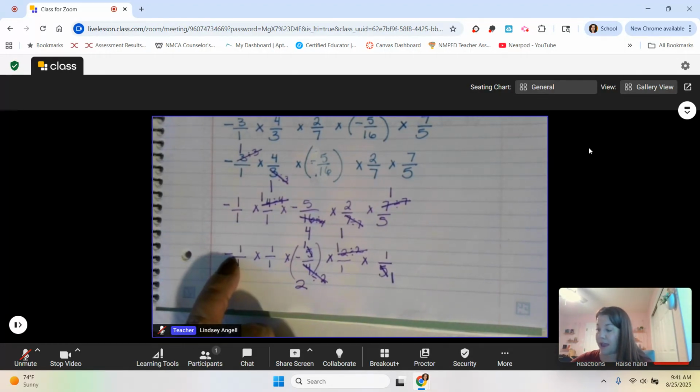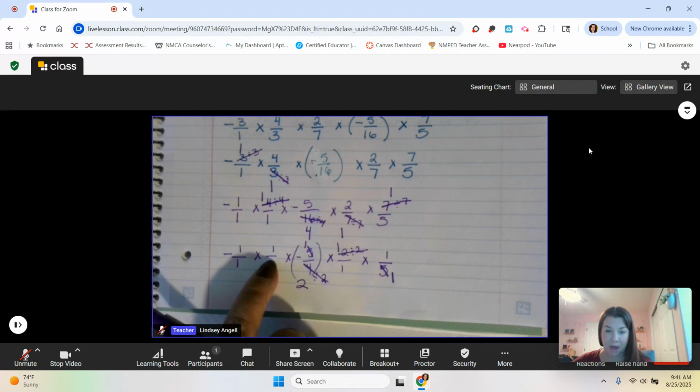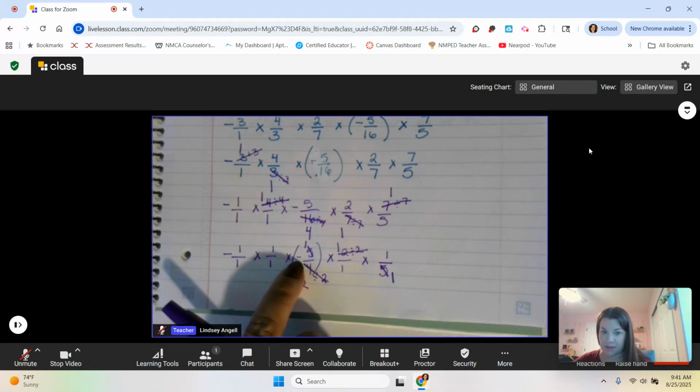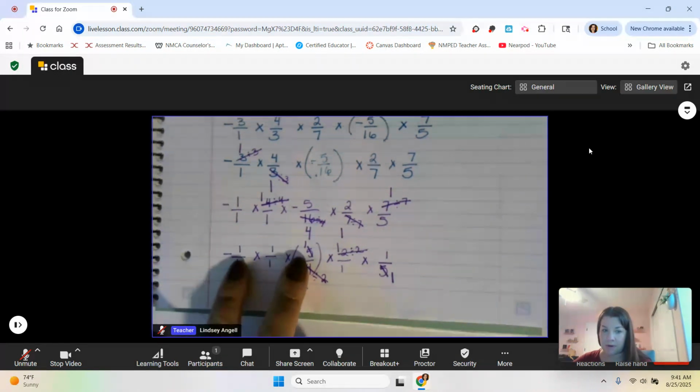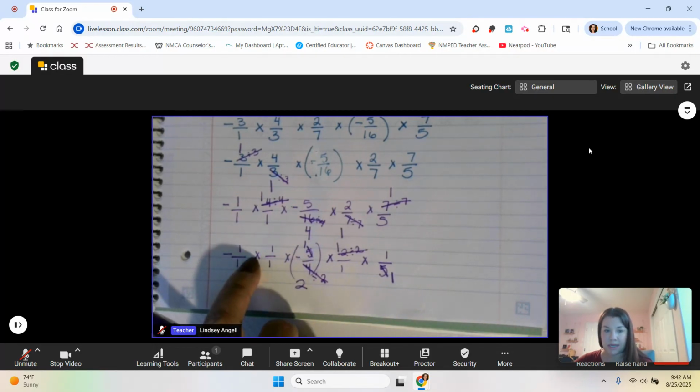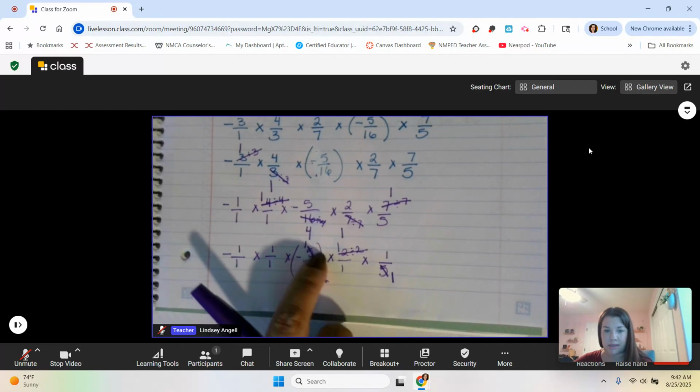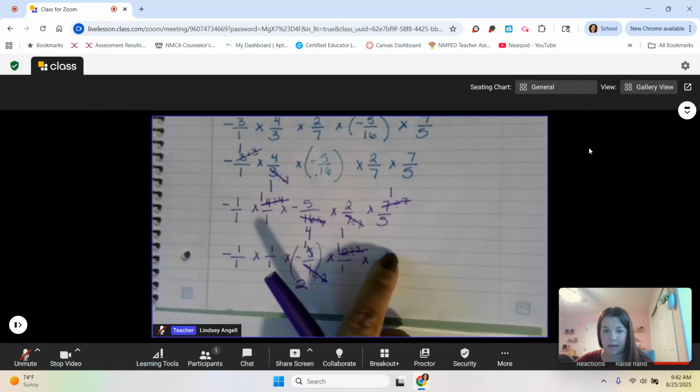It looks very messy, so I've got to make sure that I keep track of what I'm doing. First off, I have a negative times a positive, but then there's this other negative here. And remember, a negative times a negative gives you a positive. In that case, that would get rid of all my negatives, so I'm only dealing with positives. In the numerators, I've got 1 times 1 times 1 times 1 times 1.